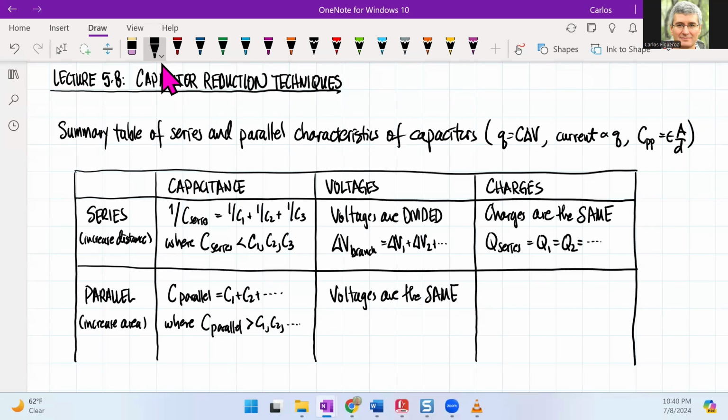So in this case, the voltage of a branch will be equal to the voltage of all of the possible parallel branches.